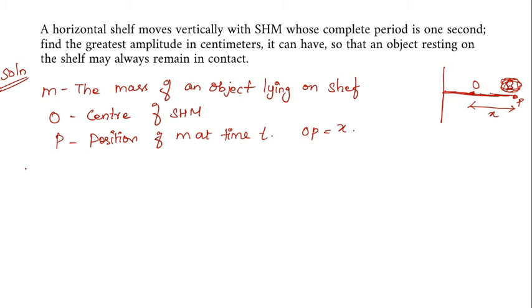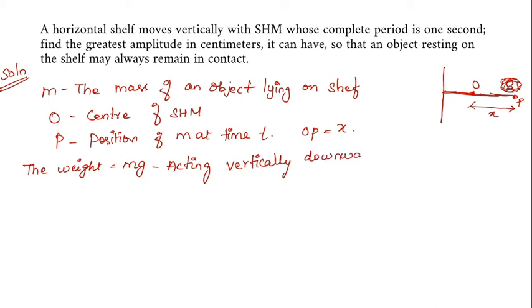The first one is the weight. The weight is nothing but mass times gravitational acceleration, mg, and it is acting vertically downwards. That is positive because it is towards the gravitational force.